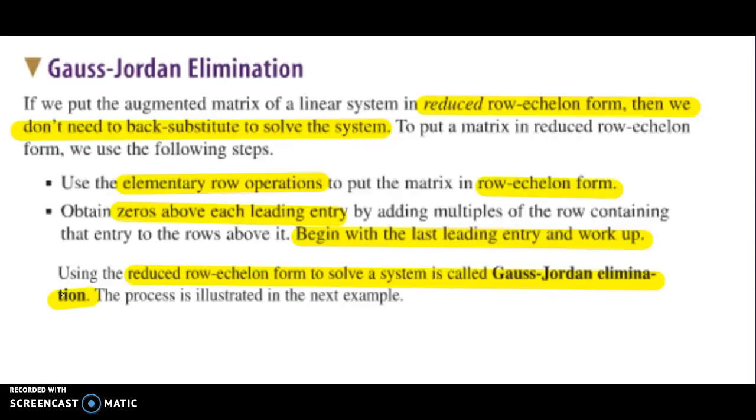If you remember in the notes today or yesterday, we talked about how the leading entry should be 1 for every single one, reading from left to right. The values below those leading entries should be 0. With reduced row echelon form, the values above those leading entries should also be 0.